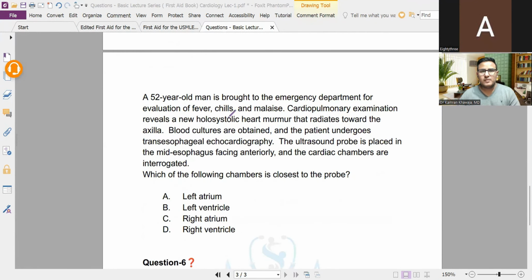A 52-year-old man is brought to the emergency department for evaluation of fever and malaise. Cardiopulmonary examination shows a new holosystolic murmur that radiates toward the axilla. Blood culture is obtained and the patient undergoes transesophageal echocardiography. The ultrasound probe is placed in the mid-esophagus facing anteriorly.